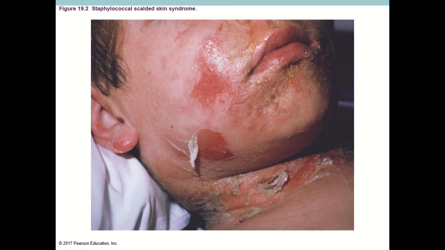For example, cytolytic toxins that disrupt membrane, exfoliative toxins which are going to cause skin to slough off, such as you're seeing here, and toxic shock syndrome toxins as well, which I'll go into in a little bit, and then enterotoxins, which are mainly molecules that disrupt the gut. Okay, so they're going to allow this bacteria to colonize the gut and cause gastrointestinal diseases, like for example food poisoning.